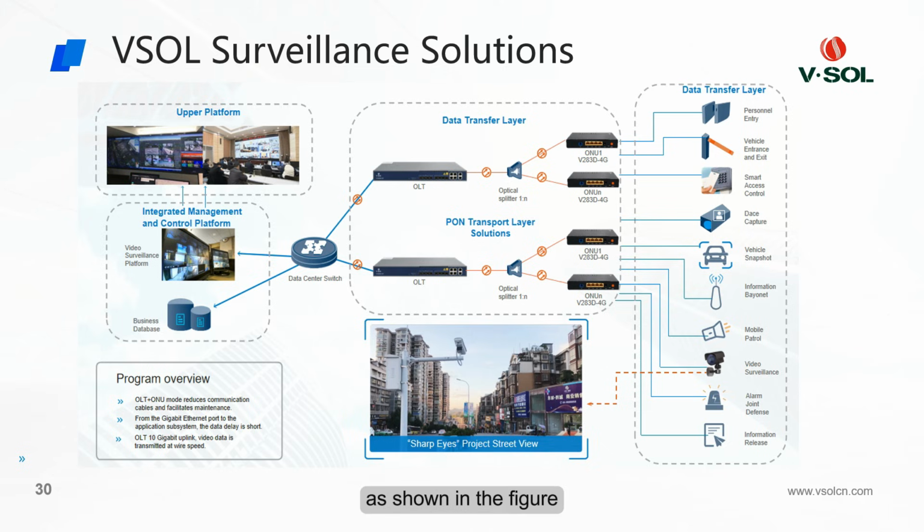As shown in the figure, the Sharp Eyes project is divided into a central management platform and a front-end data collection layer. The front-end data collection layer includes a video surveillance subsystem, vehicle or personal entrance or exit subsystem, intelligent entrance guard subsystem, face or vehicle capture subsystem, alarm joint defense subsystem, etc., which are connected to the upper-level platform through the integrated interface.